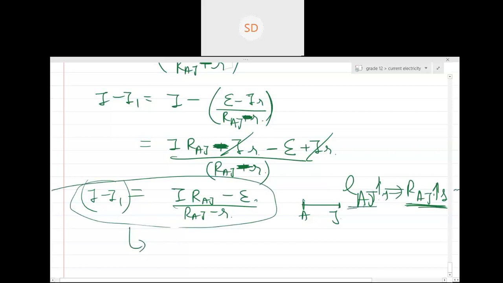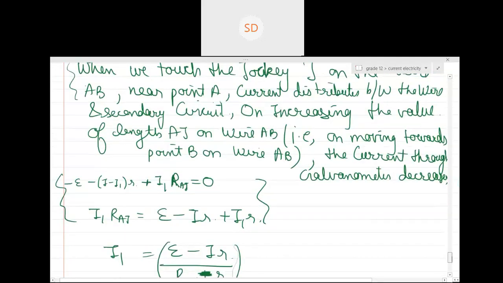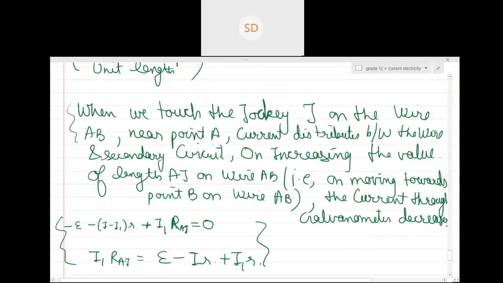From this function you will realize that when the length of AJ is increasing, R_AJ increases, and when R_AJ increases, then I minus I1 decreases. I minus I1 was basically the current through the galvanometer. So from this function you will realize this note which I have written over here: on moving towards the point B on wire AB, the current through the galvanometer decreases.